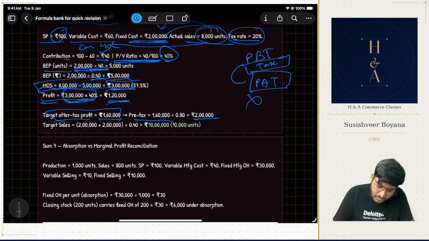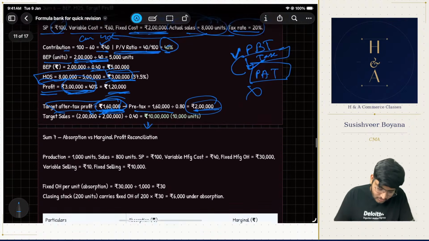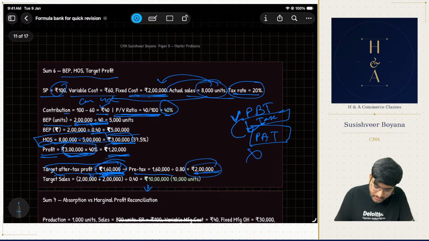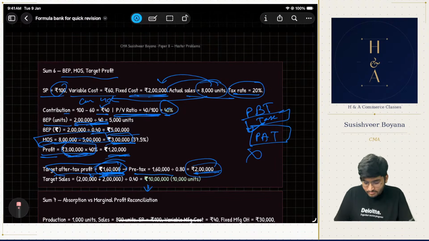Never take profit after tax of 1 lakh 60 and calculate the problem. It's going to be wrong because we need an overall profit after tax. Whenever you take this into consideration here, that means the number of units is going to go down. You have to take profit before tax, that is PBT. This is one point where a lot of you might make mistakes. I certainly probably did it back when I was an intern.